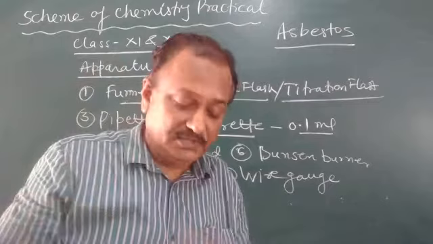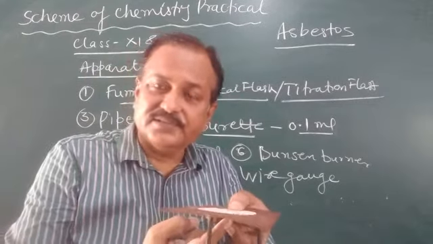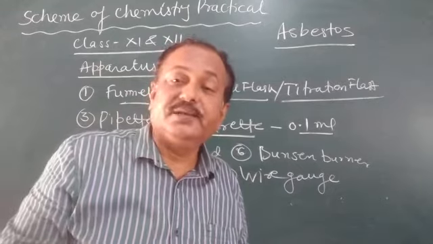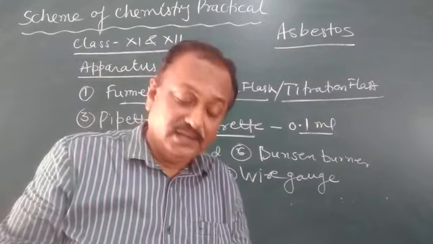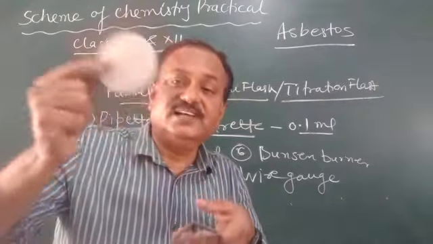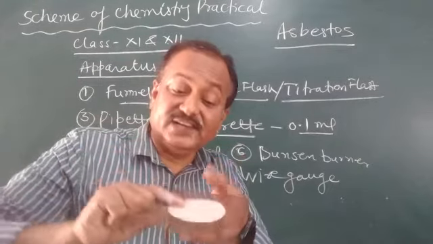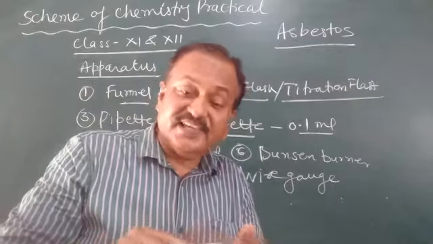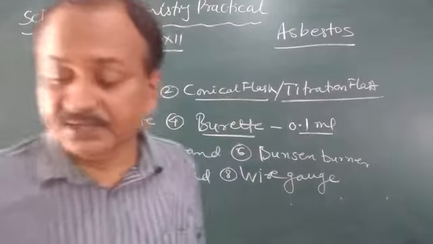Why is it used? Because if you are heating directly, your apparatus, beaker or test tube, may break, or the funnel may break. So it is a regulator. It regulates the heat. The purpose of the gauze is only to hold the asbestos.